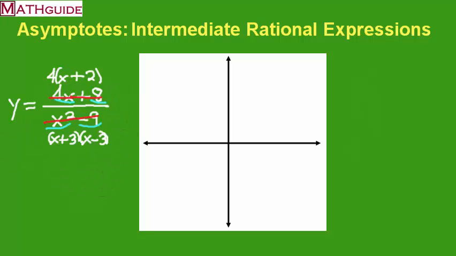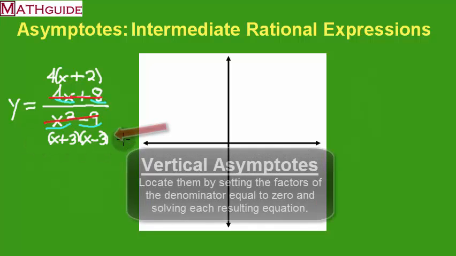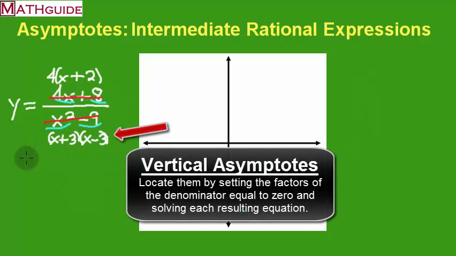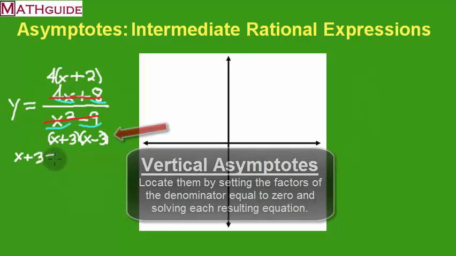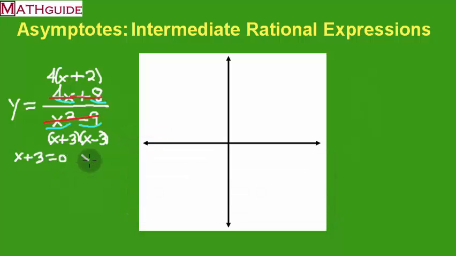Alright, so what we do now to find the vertical asymptotes is we set the factors of the denominator equal to 0. So we're going to take the x plus 3, set that equal to 0. Oops, let's get that neater. It's a little glitchy today. Alright, let's see, equals 0. And then we get x minus 3 equals 0.